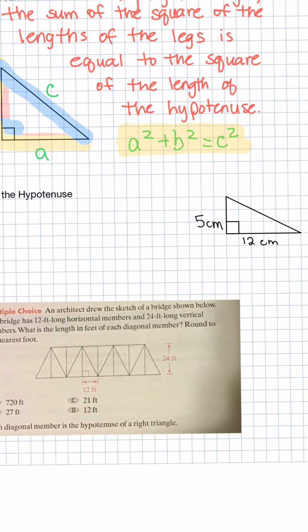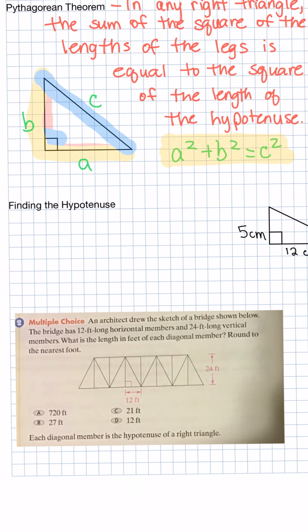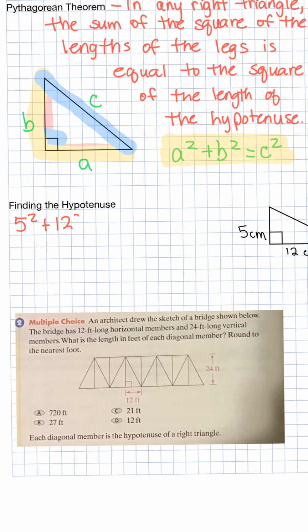So here we have a triangle that's 5 centimeters by 12 centimeters, and we want to find the hypotenuse. So let's plug that in. We have 5 squared plus 12 squared equals C squared. 5 times 5 is 25. 12 times 12 is 144.